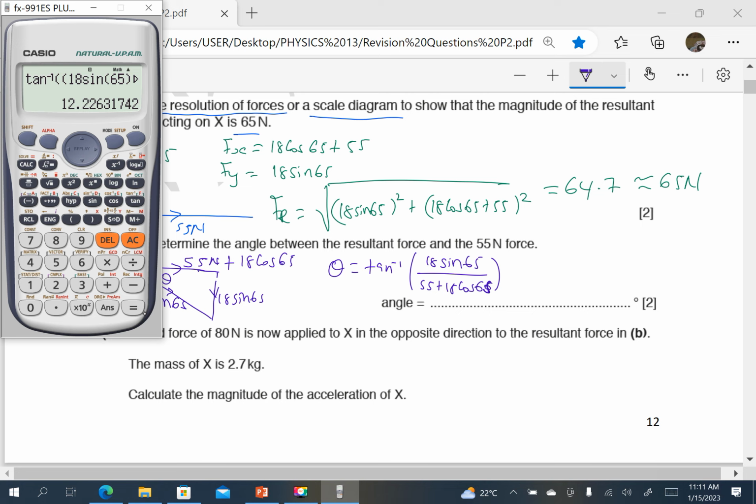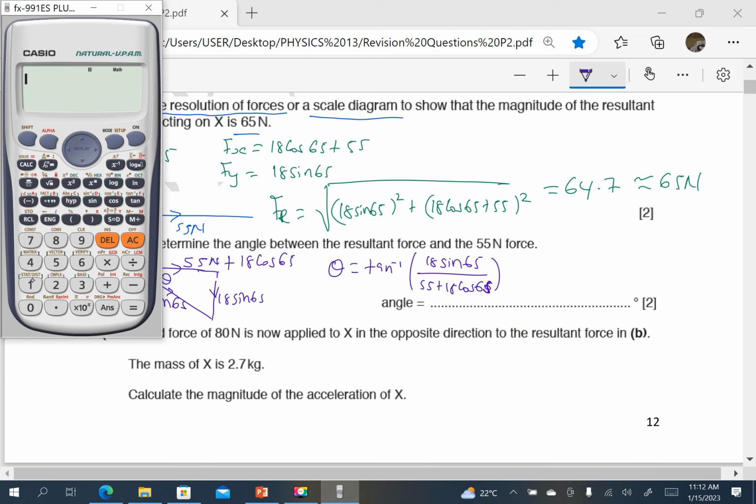Let me first solve the brackets for simplicity.